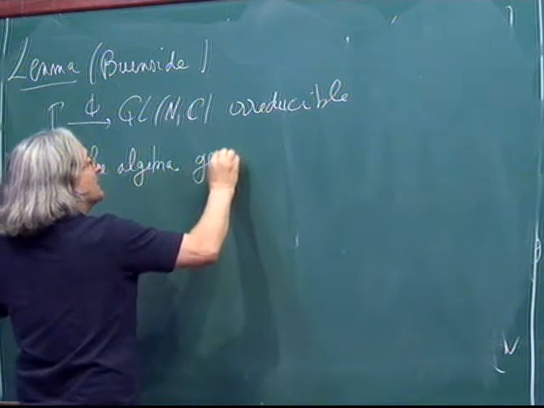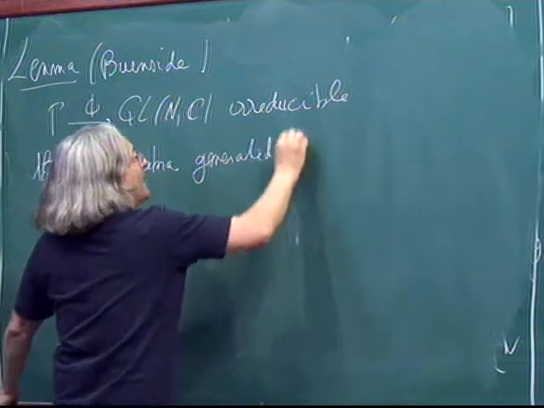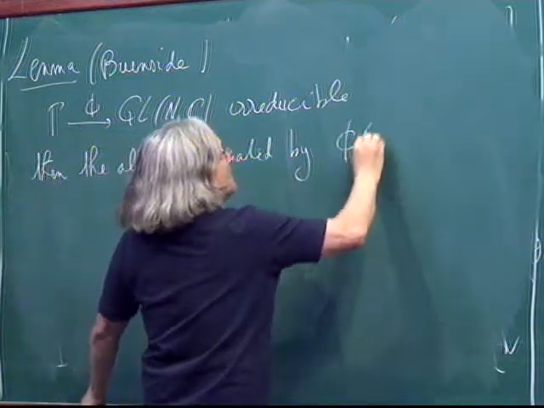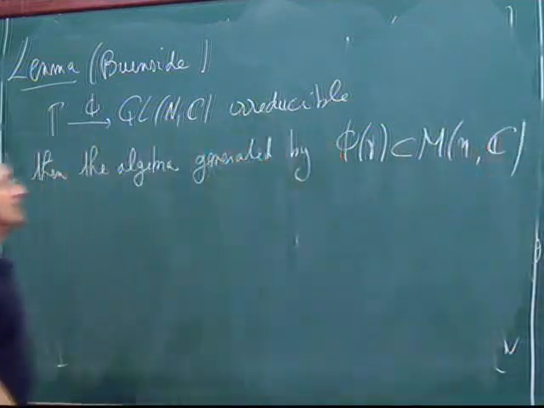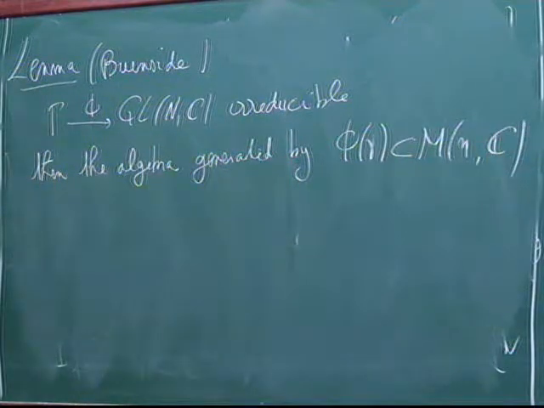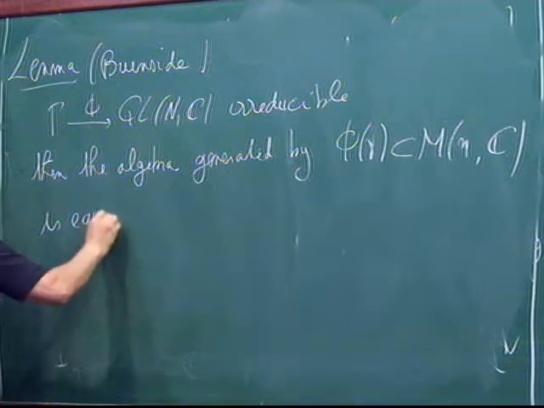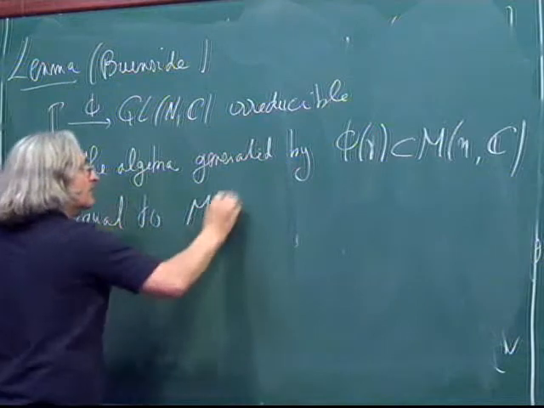generated by the matrices phi of gamma, in the n by n matrices, is the full algebra of all matrices, equal to M_n(C).